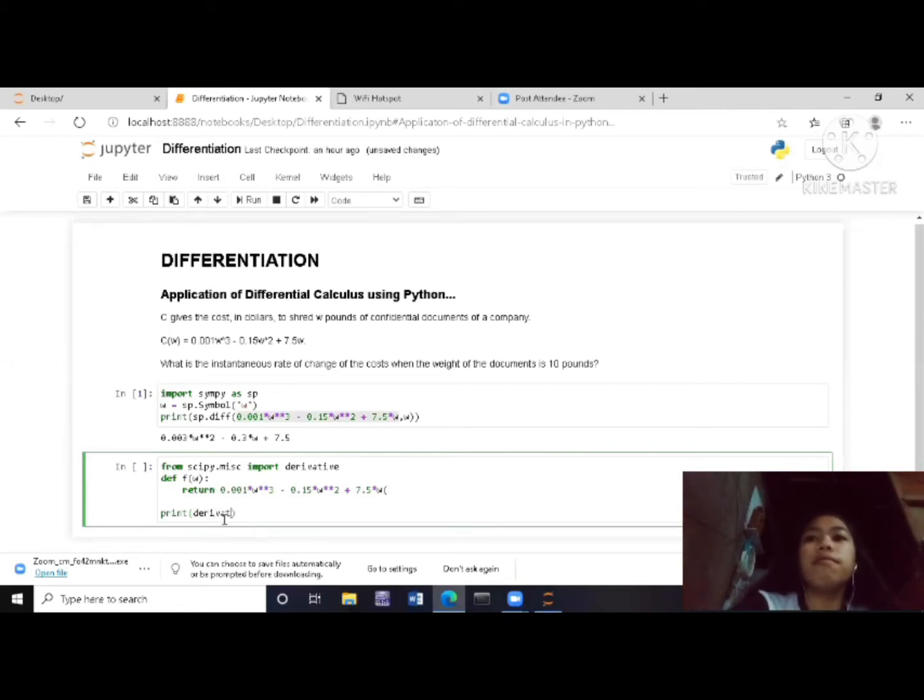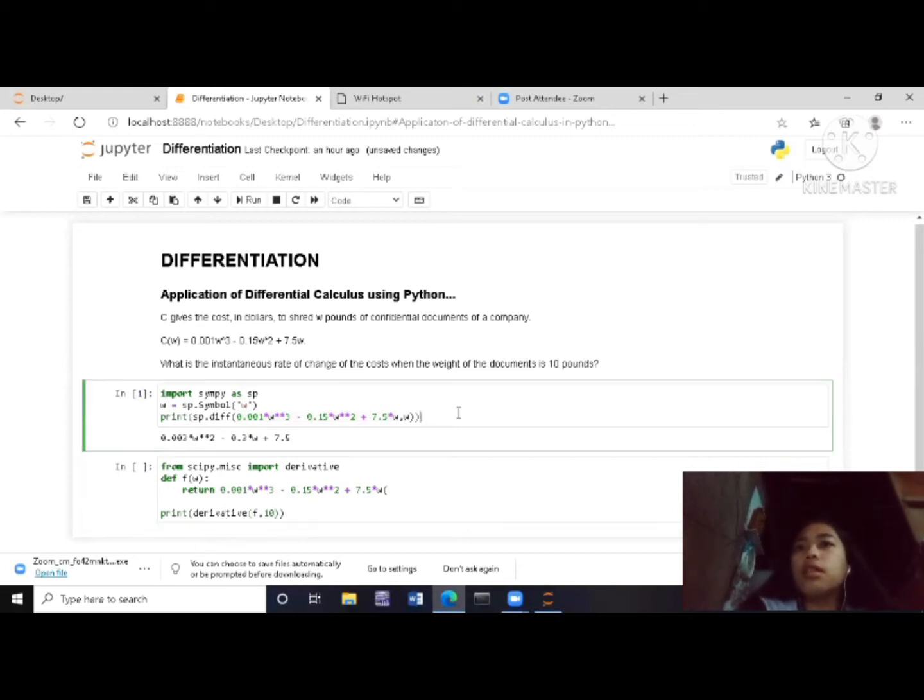Derivative, yung 10 ilagay natin sa condition. Check natin kung may na ano ba.